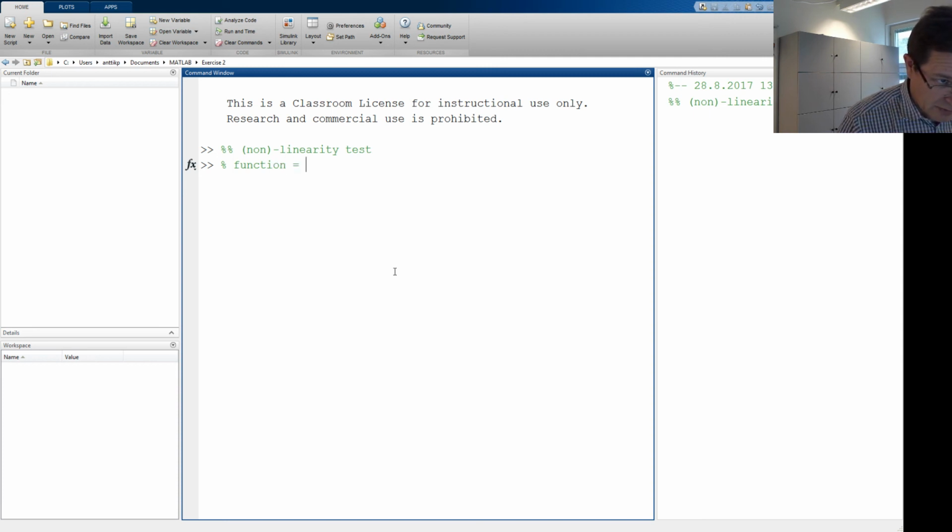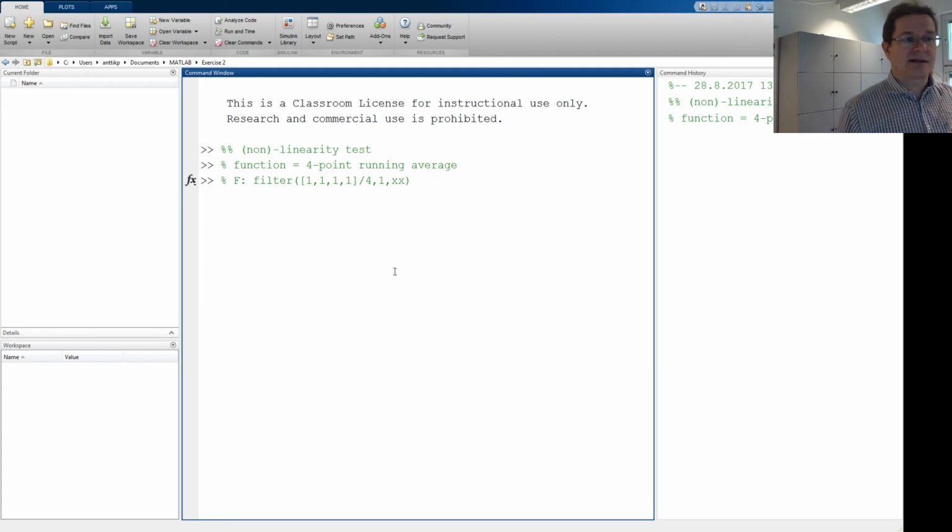Our test function would be a 4-point running average. The function here is actually just filter. So that's the 4-point running average.